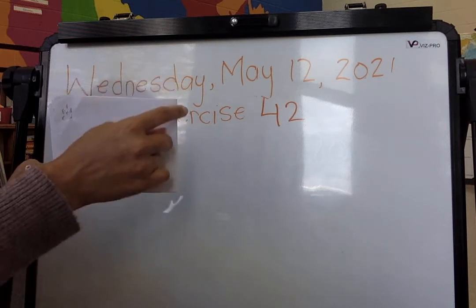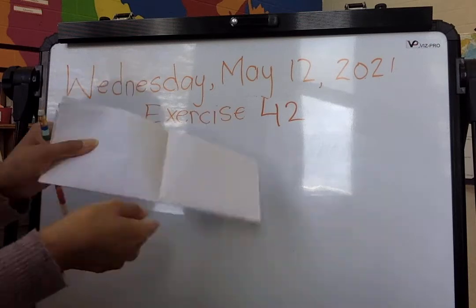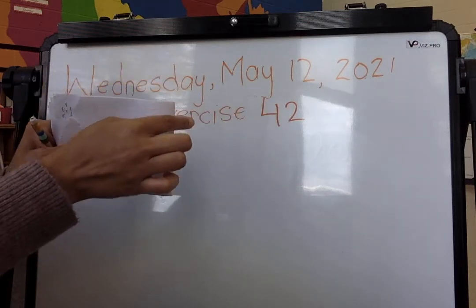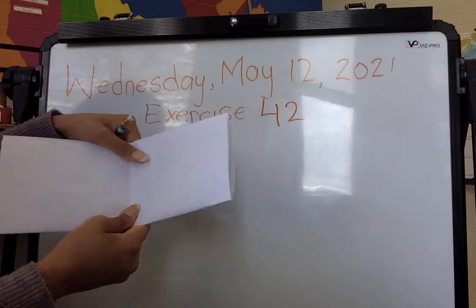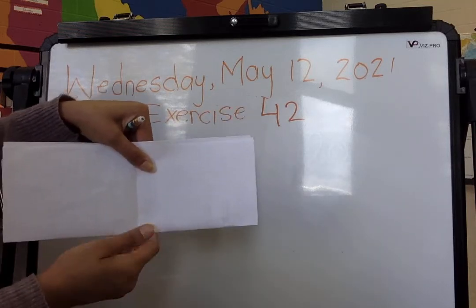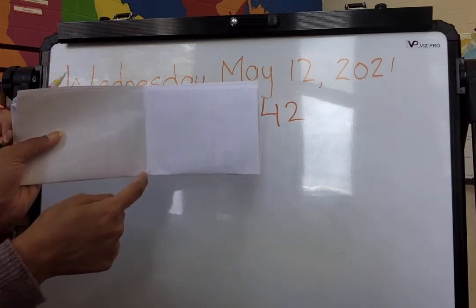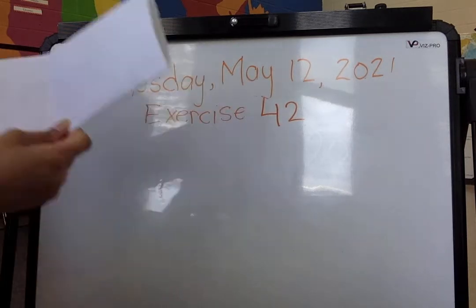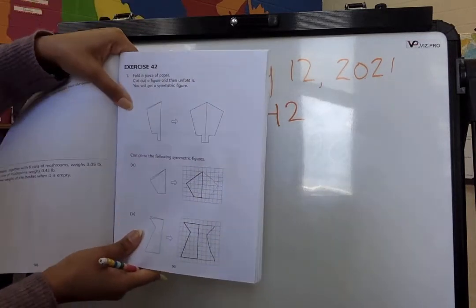That means a rectangle has two lines of symmetry. One here, one here. That means a rectangle can be folded in two ways and you would get equal halves. Does that make sense? So that's what we are looking at in the next few exercises.